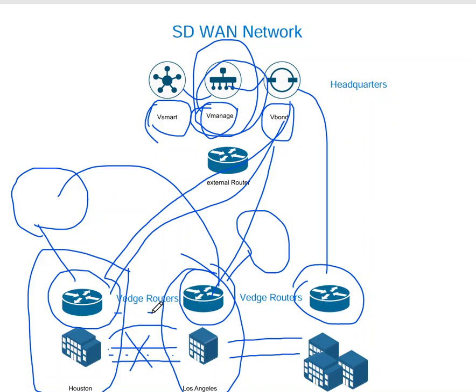So that router is the gateway for traffic in and out of the Houston office. If a user from the Houston office wants to send data or surf the internet, that request has to go through that router, and vice versa when data is coming from the internet to the Houston office, it goes through the router. Same for the Los Angeles site and the third remote office.